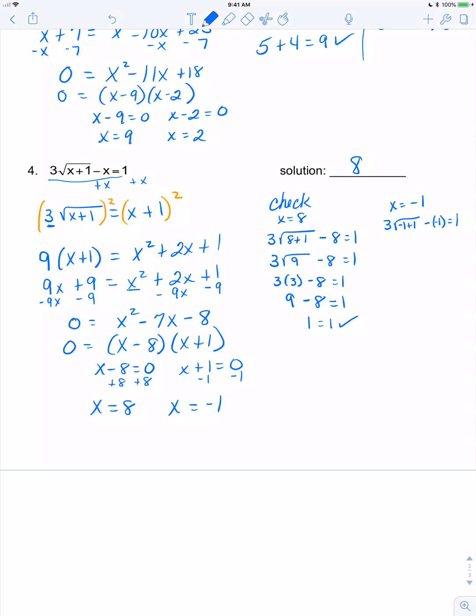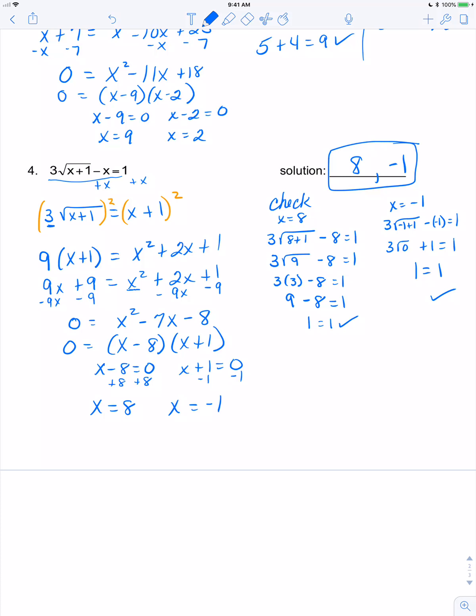Well, negative 1 plus 1 makes it 3 times the square root of 0, minus negative 1 means plus 1, is that equal to 1? Well, the square root of 0 is going to be 0, so anything times 0 is 0, so is 1 equal to 1? Yes, it is, so negative 1 is also an answer on that one.